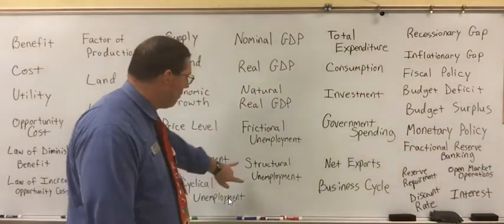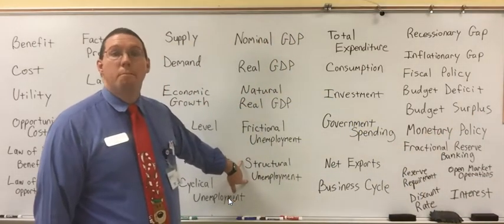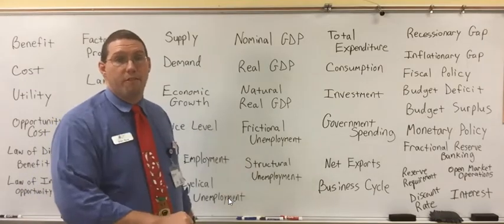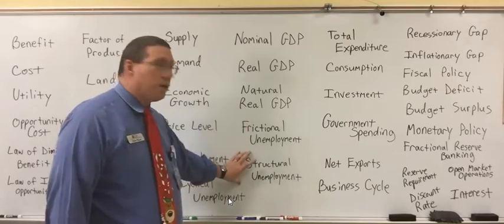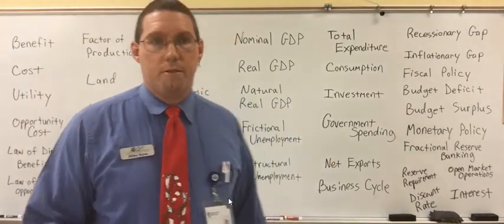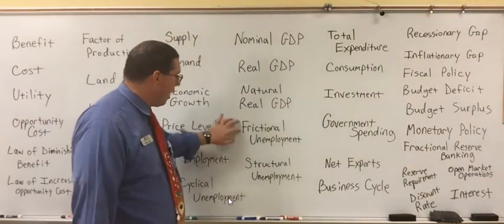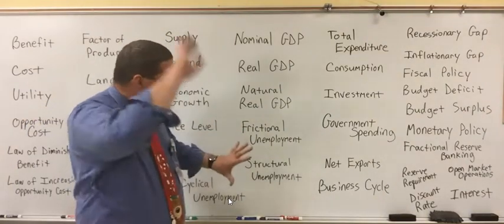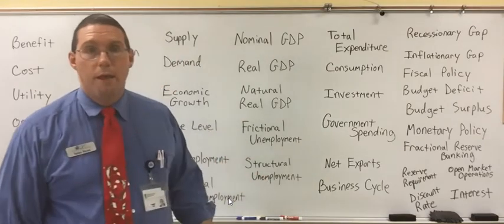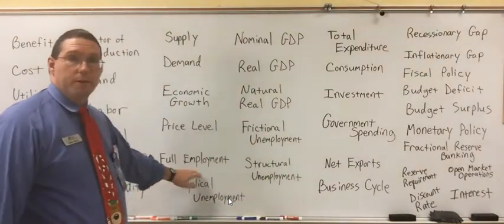So structural unemployment is a situation where the unemployed people don't have the correct skills for the jobs that are available. So when you think of frictional unemployment and structural unemployment, those are the good unemployments, okay? When you combine those together, if all of the people in the United States are frictionally or structurally unemployed, then we are at full employment, okay?